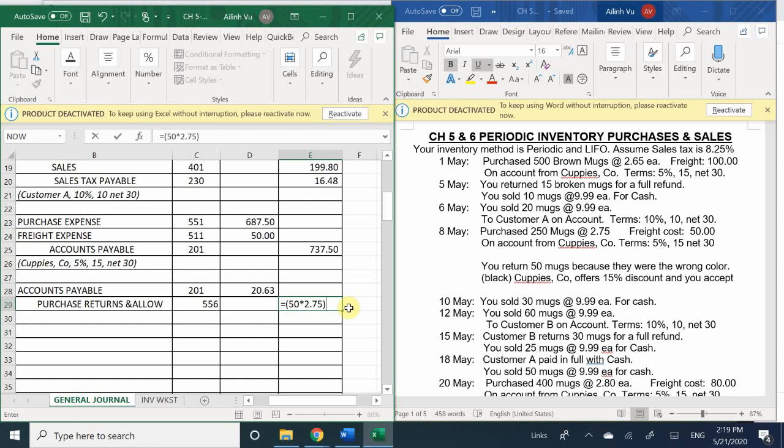And what's going to happen is I'm going to multiply that by 0.15, which is the percentage, and you're going to get $20.63. Okay, yes. I see. So, yes, so good.